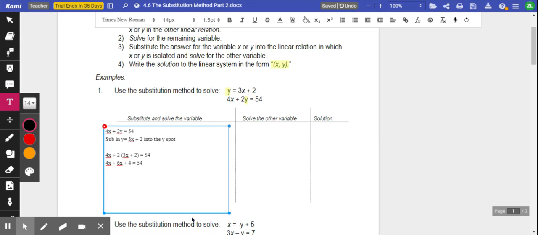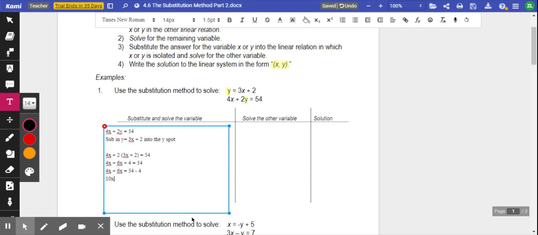Now, just like we've done before, we're going to group the x's and then the numbers. So in this case, we'll leave the x's on the left side. So 4x and 6x. And 54 is on that side, but we're just forgetting our 4. So when the 4 comes over, it's actually going to be negative 4 since it's positive on that side.